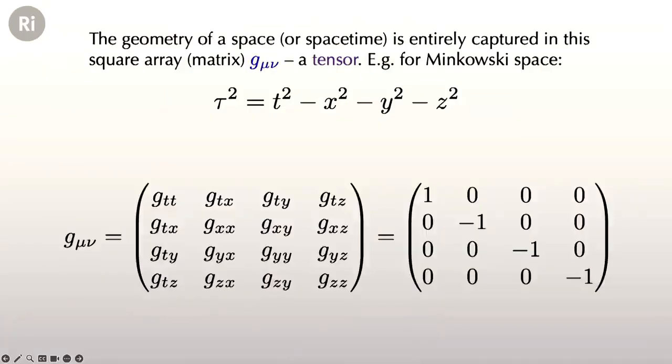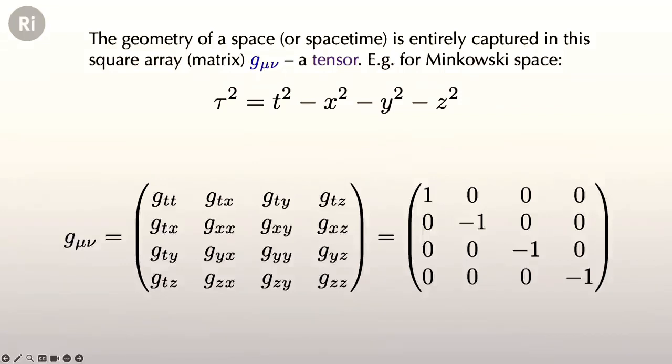Let's see that at work, okay? So G mu nu is the metric tensor. We've already secretly seen it. When Minkowski told us about space-time, he said that the time interval you measure, tau, is related to the coordinates t, x, y, z by tau squared equals t squared minus x squared minus y squared minus z squared.